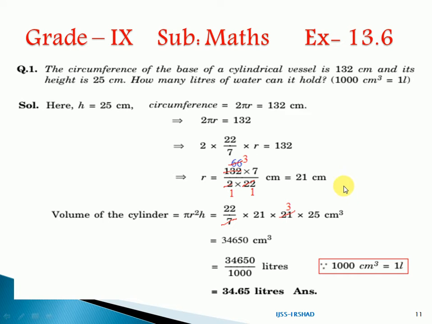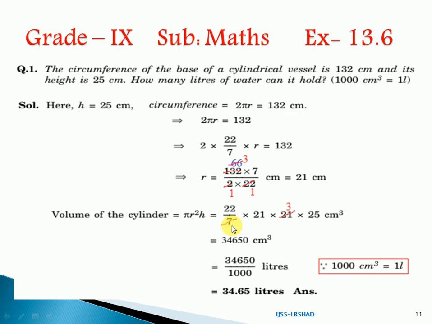So you got the radius, but what you want to find, how many liters of water can it hold, means the volume of that cylindrical vessel. So the volume of water the vessel can hold is equal to the volume of that container, that cylindrical vessel, and the volume formula is pi r square h.